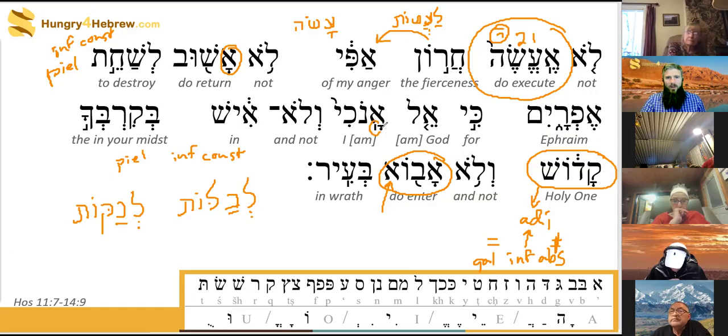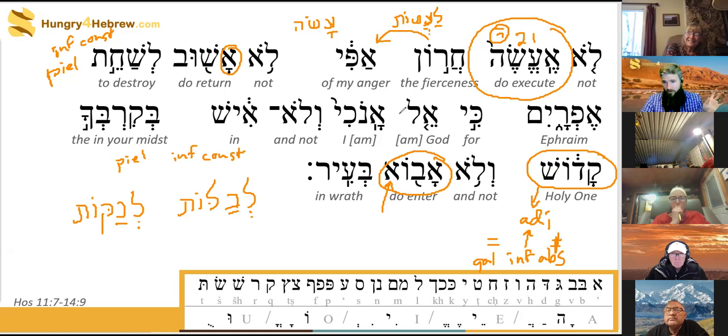Why is there, what am I supposed to do with this little mark under the aleph? The meteg. They want a bit of emphasis. Secondary emphasis, and it's not a kamatz katan. Oh, okay. I used to be a big fan of, hey, if there's a meteg, it means that it's not a kamatz katan, until I found an example in the Bible where there was a meteg on a kamatz katan.